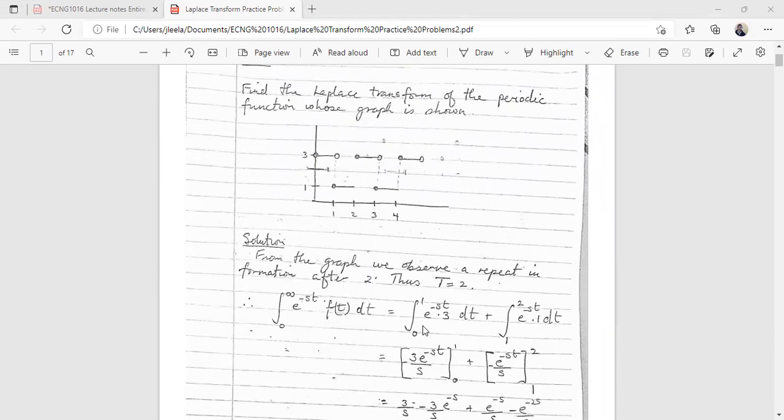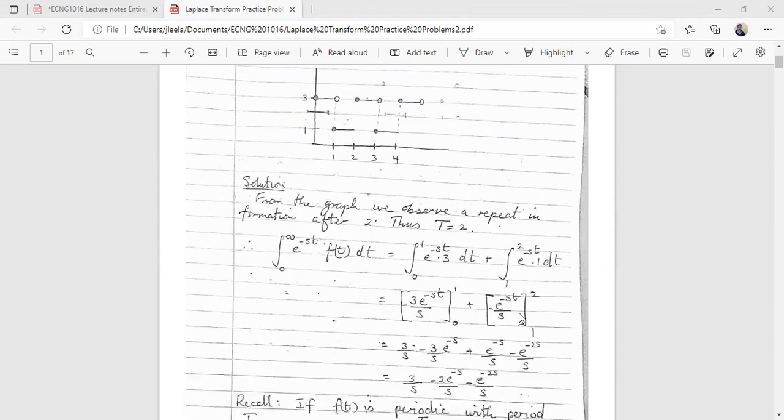So therefore, you have to break it up. So you see the integral between 1 and 0, e to the minus st, the graph is 3, so f(t) is 3. And between 2 and 1, right, the graph is 1, f(t) is 1. So you break it up into these two integrals here, right?